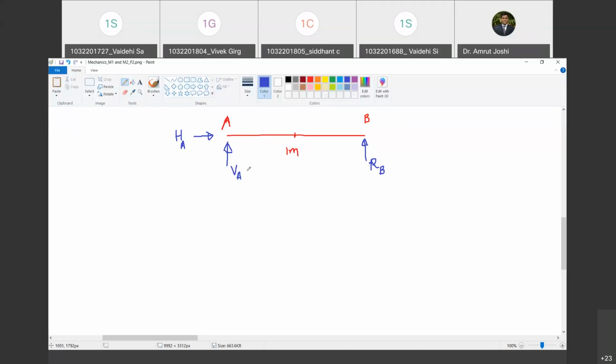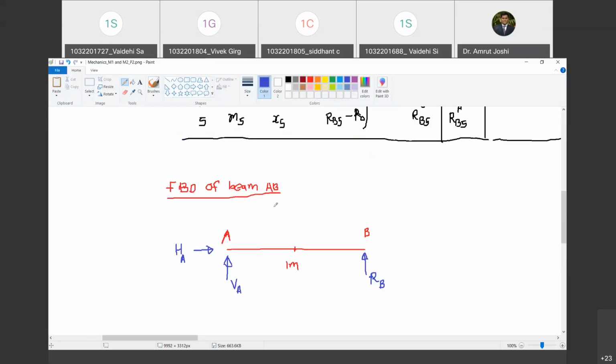Tan inverse of VA by HA. I'm sorry. Are you with me? Yes, sir. So I can either represent the reaction at A as RA and theta or RA and alpha, or I can write it as HA and VA. Happy? Yes.